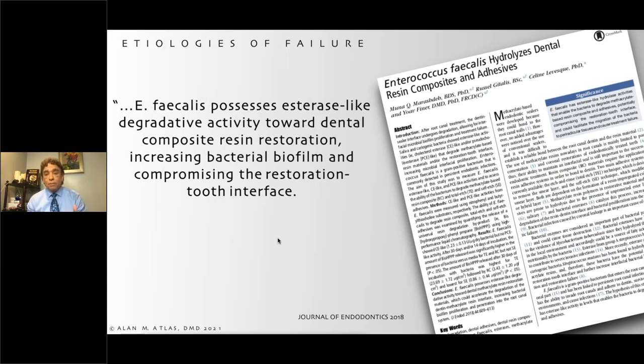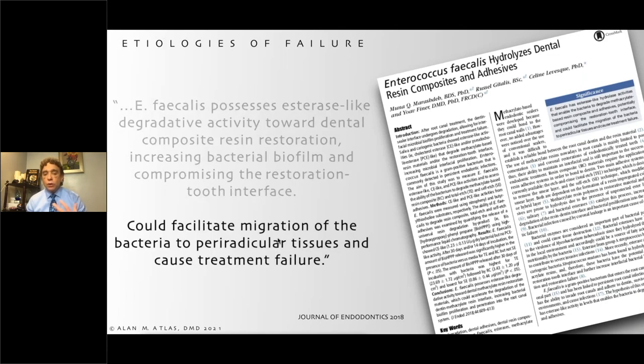So what happens is that if there's any type of roughness, irregularity at that margin, bacteria congregate, colonize, and they go to work on the margin, demineralizing it. So this could facilitate the migration of bacteria. And we know E. faecalis is one of the primary failure bacteria that we see in failures of endodontically treated teeth. And the migration down the periradicular tissues could cause treatment failure.